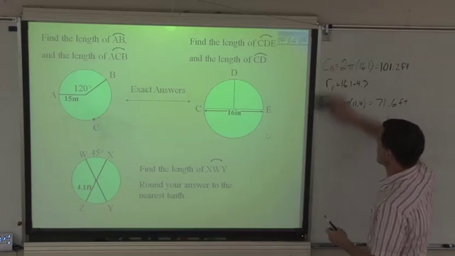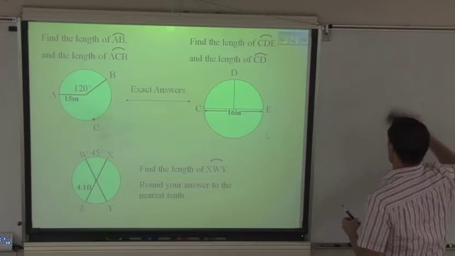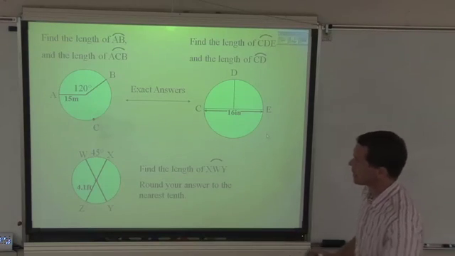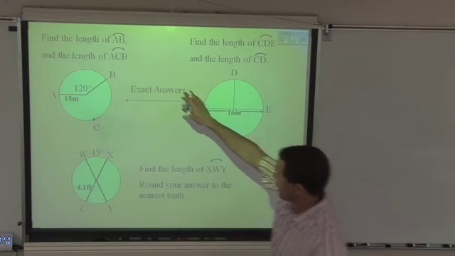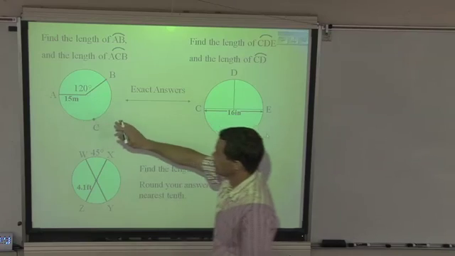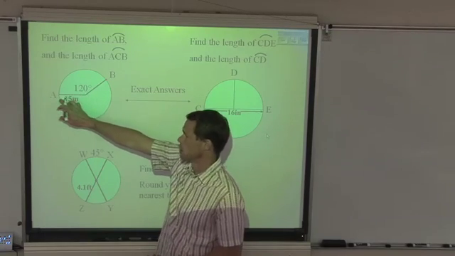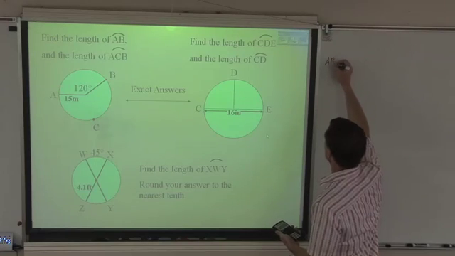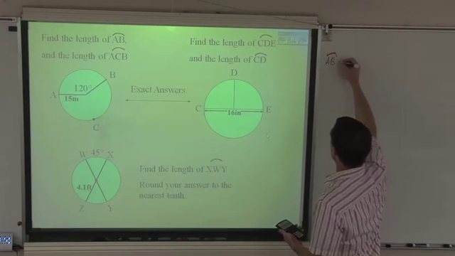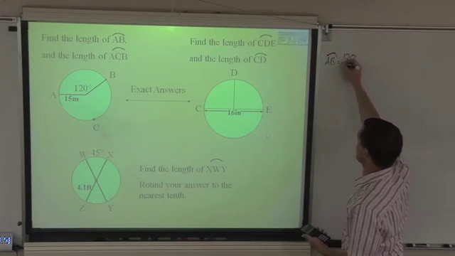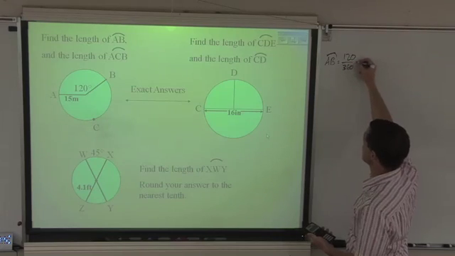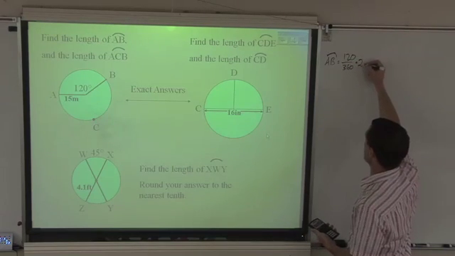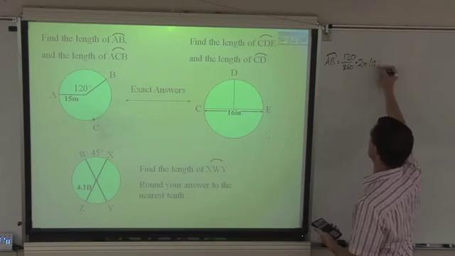Okay, so let's take a look at this first example up on the board, and let's try to move through these quickly. Find the arc length of arc AB. Well, arc AB's central angle is 120. So for my AB arc, I'm going to take 120 divided by 360 times 2 times pi times 15.